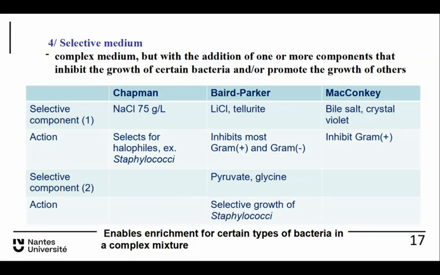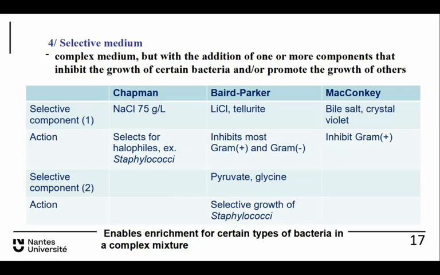So this contains lithium chloride and tellurite, which inhibit the growth of most gram-positives and gram-negatives. And it also contains as a carbon source pyruvate and glycine, which are used preferentially by staphylococcus. So they can grow very well on this medium. And most other bacteria, even if they can survive the tellurite and the lithium chloride, won't grow very well on these carbon sources.